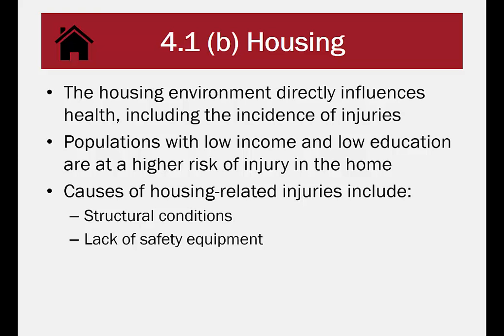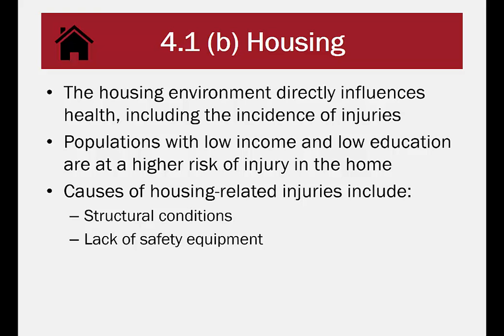These conditions include things like exposed heating areas, unsecured upper-story windows, low windowsill heights, slippery surfaces, and so on. Residents of high-rise buildings, especially children, are particularly susceptible to falls from windows, balconies, and faulty or steep stairs.